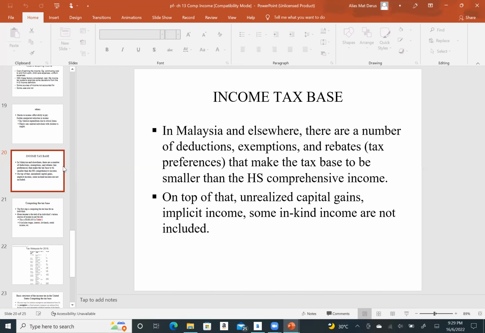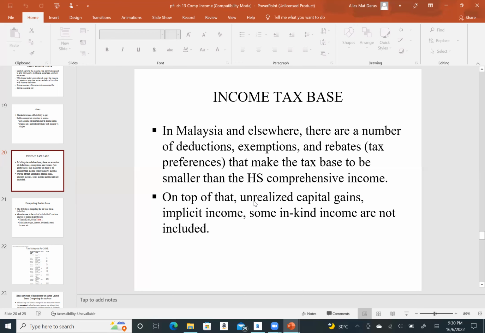And when you want to tax the income, you deviate in that you have to allow certain uses of the income not to be included in the income that is going to be taxed.